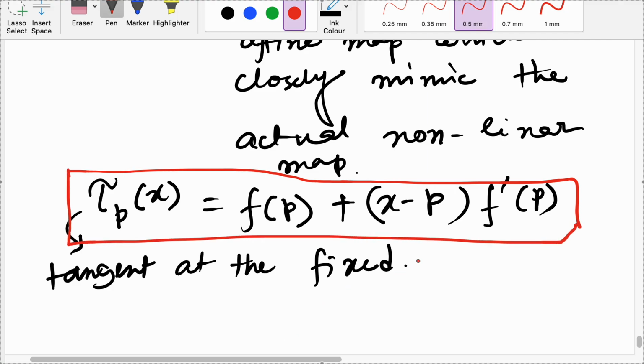We can use only this linear map, and we know from our previous class that since it is an affine map, this f prime p is nothing but a.